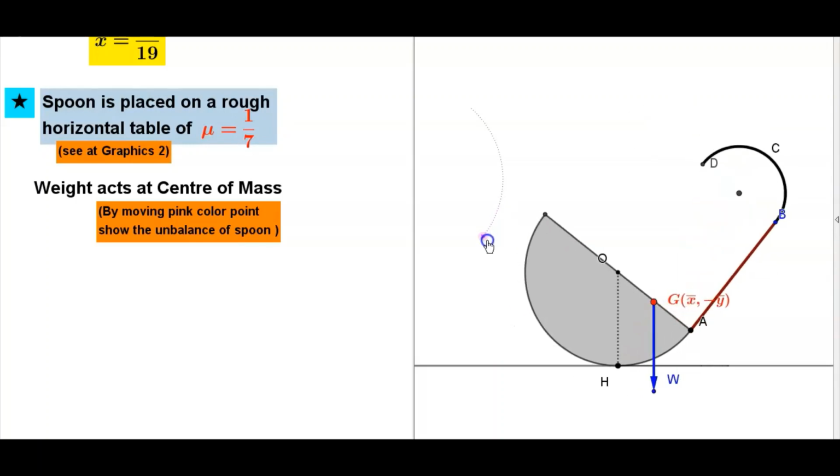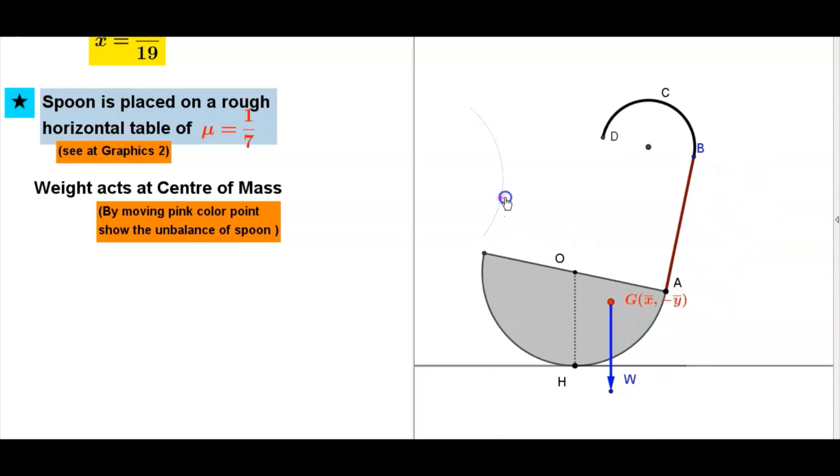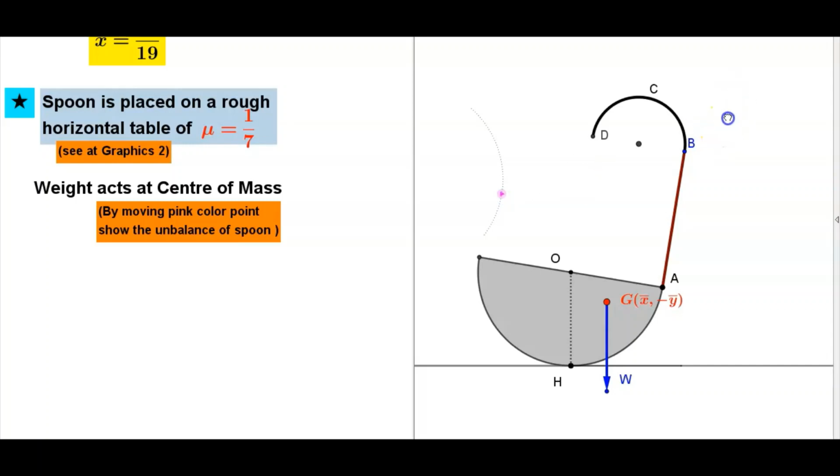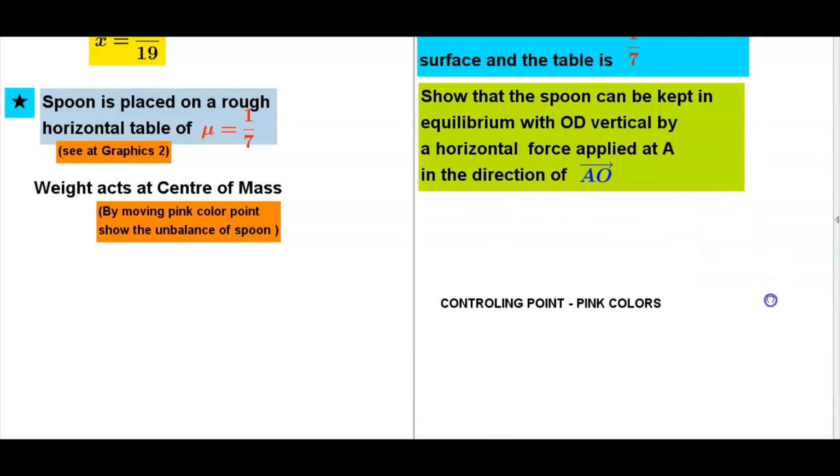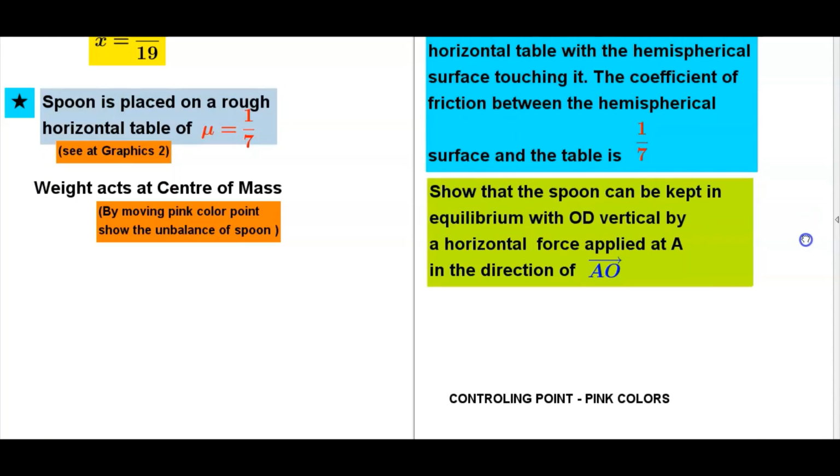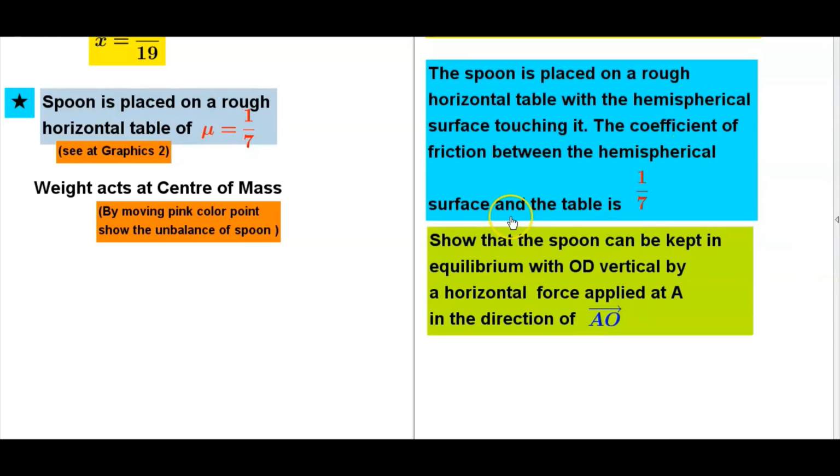So, to keep this perpendicular, by applying some force, the spoon can be kept in equilibrium with OD vertical.